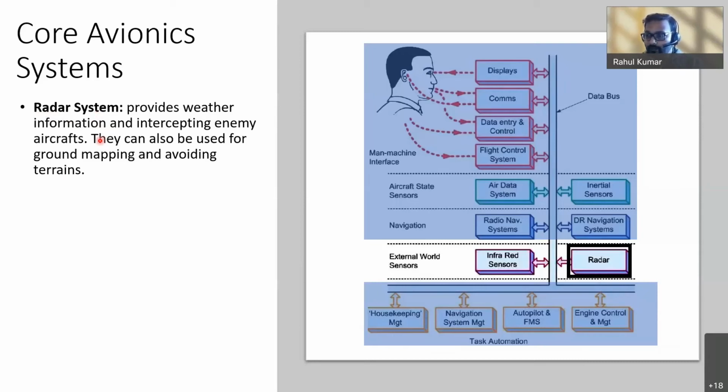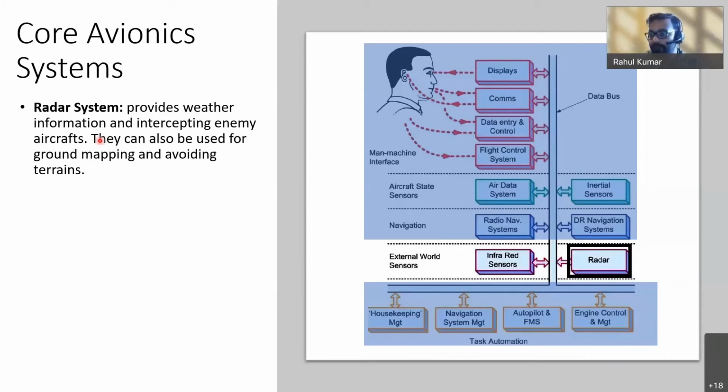Generally we use multi-mode radar in aircraft, and along with the weather information, this multi-mode radar can be used to detect targets, up to 12 targets, right? In the case of military aircraft, you would also need to track different aircraft, maybe some hostile or enemy aircraft which are coming in.